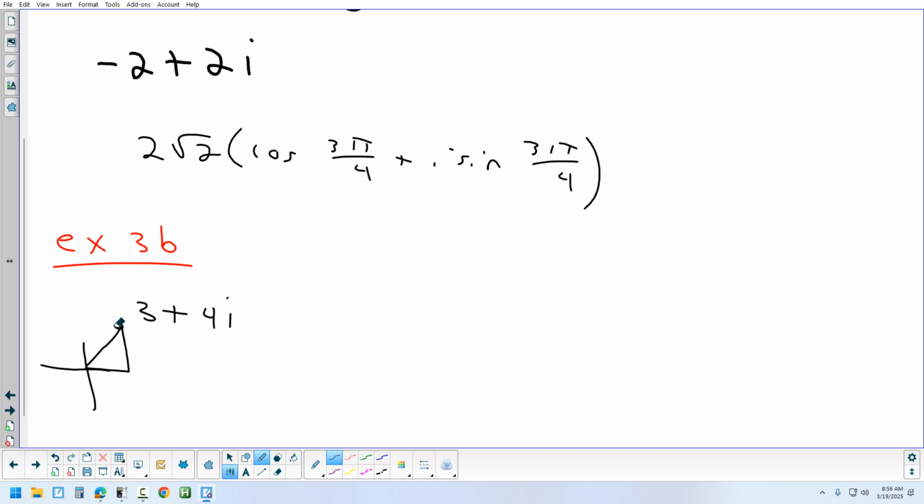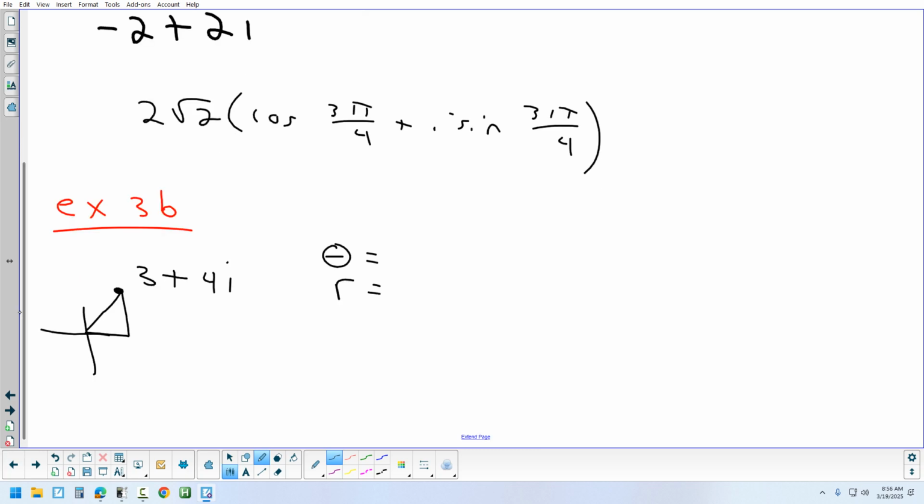All right. What are the two letters that I need if I want to write this in trig form? What's one of them? Yep, I need theta. And can someone else give me the other letter I need? Oh, I need r.